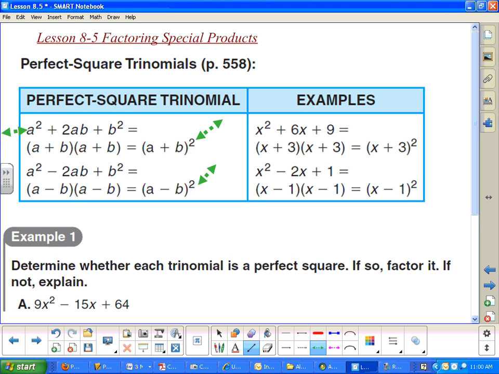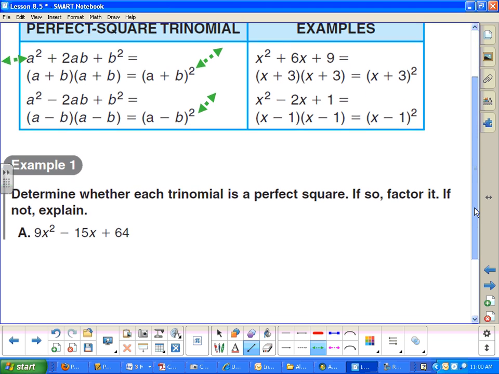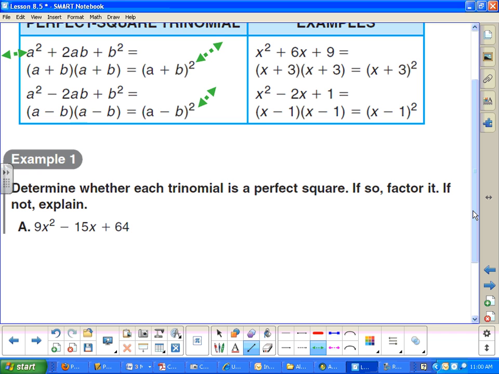So the first thing is that you've got to know, is it factorable or not? So is it a perfect square trinomial? So here we have 9x squared minus 15x plus 64. And we're going to determine whether it's a perfect square trinomial. And then if it is, we're going to factor it.